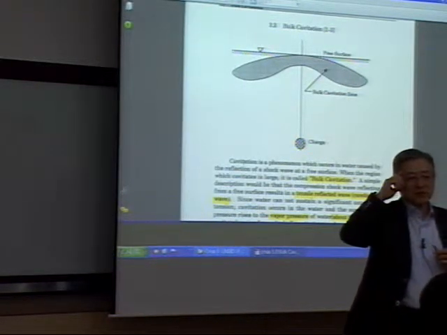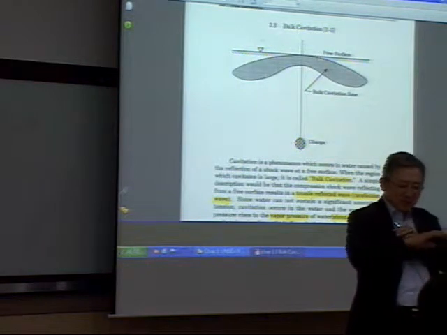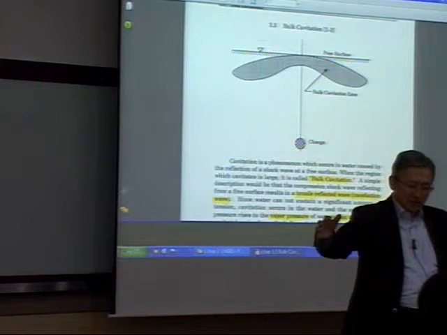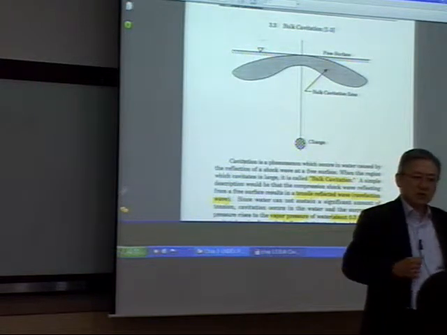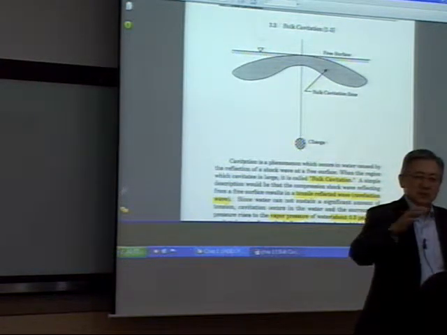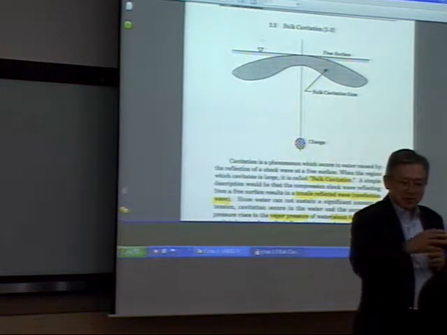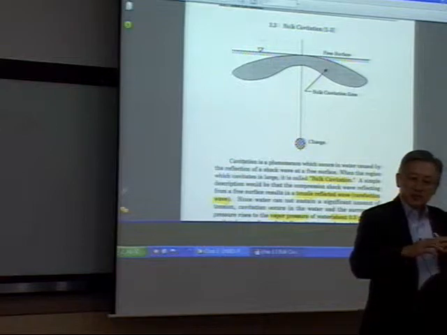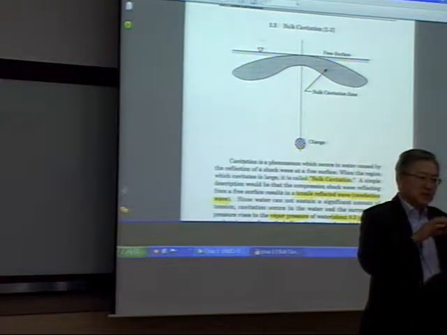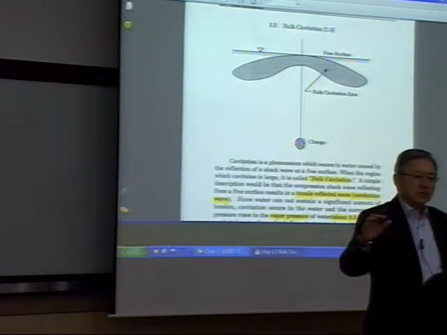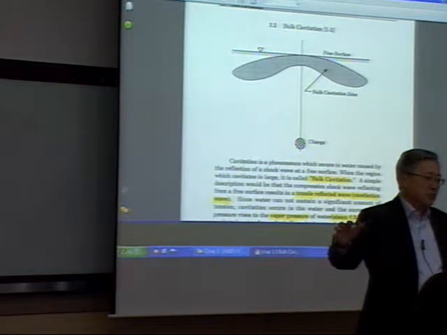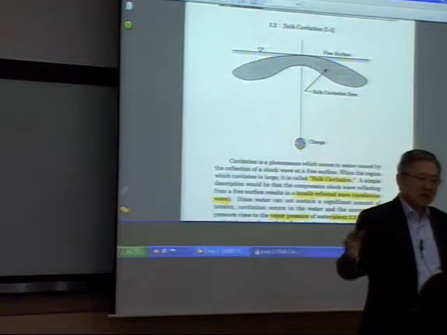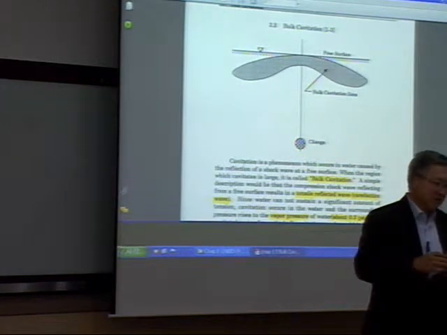Bulk cavitation is not like a balloon kind of thing trapped in the water. No, a bubble is like a balloon. Inside the balloon there is air, only air. But with this bulk cavitation, the density of the water in that zone drastically comes down, but it's not like a balloon. It's not like air.